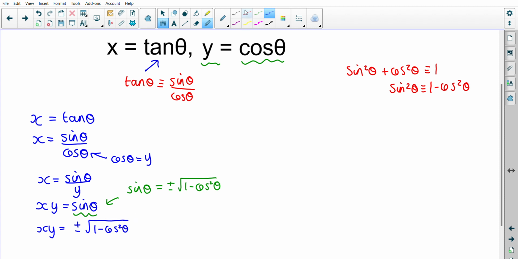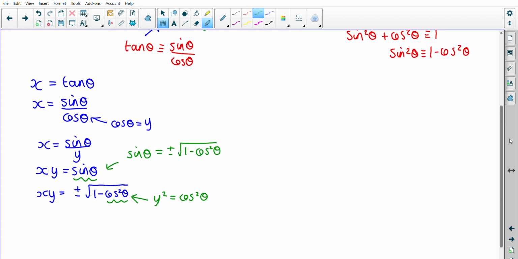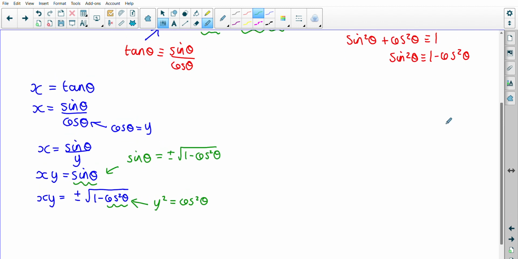And cos squared theta, well, I can write that in terms of y, because if y equals cos theta, and now I've got a squared cos theta, that must mean that y squared is cos squared theta. So I'll replace that with a y squared.